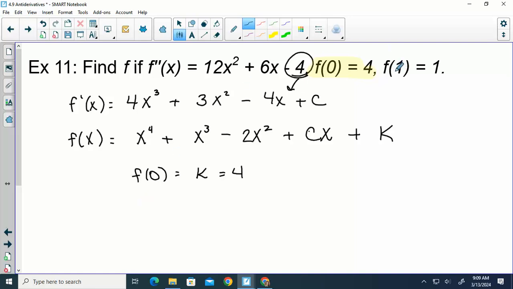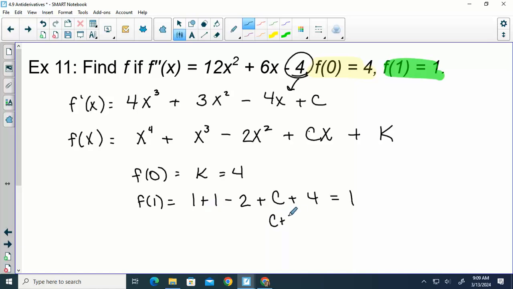All right, but we need c, so that's where we use this. F of 1 equals 1. If I put in a 1, 1 to the 4th is 1. 1 cubed is 1. Minus 2 times 1 squared is 2. C times 1 is c, and we already said k was 4, and that has to equal 1.